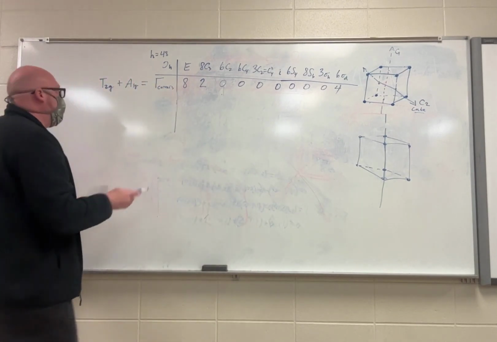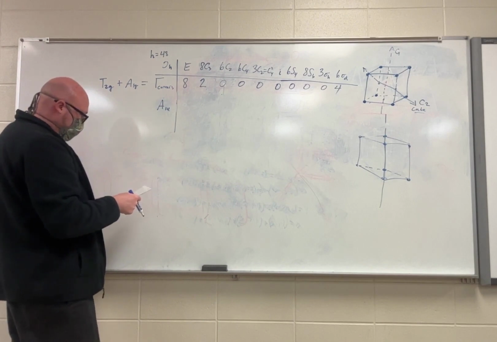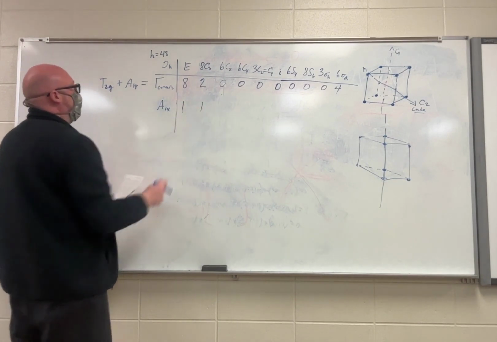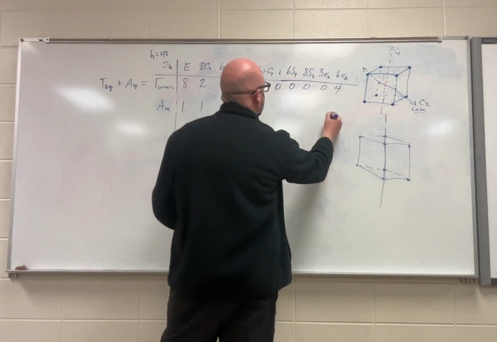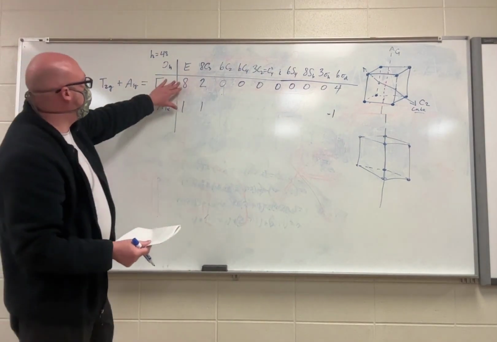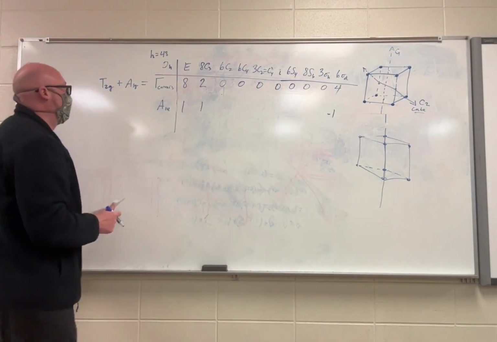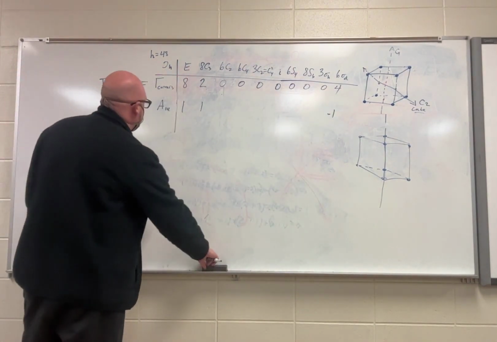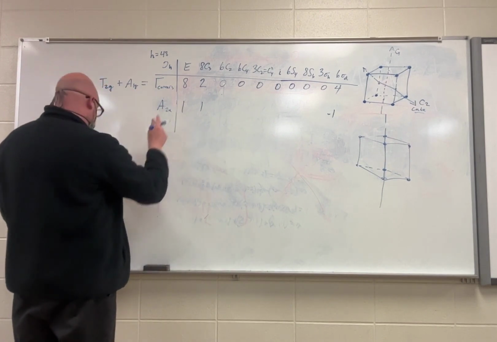We go to A1U. We see the characters under E and 8C3 are 1, and under the sigma D, it's minus 1. So as you guess, these will cancel out because we have 8 plus 16 minus 24 equals 0. So then we go to A2U next.